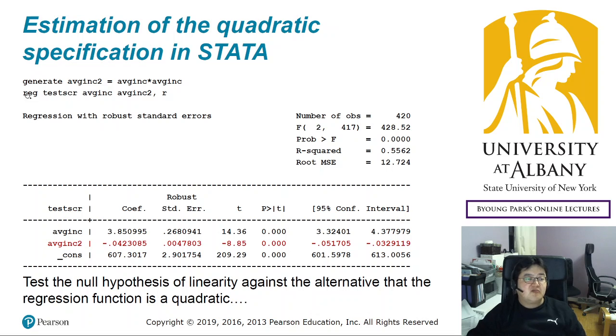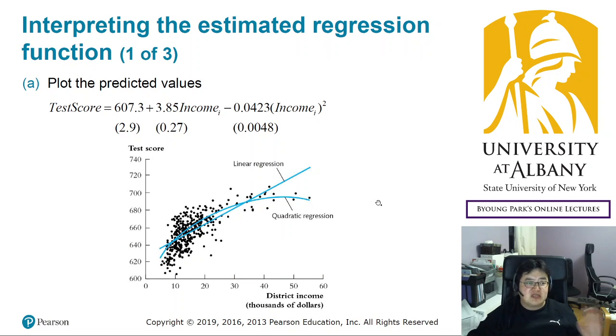And then regress test score on average income and average income 2, which is the squared term. And then it is like another variable. So you may use these numbers as much as you want, in the same way as you did for the multiple regression.